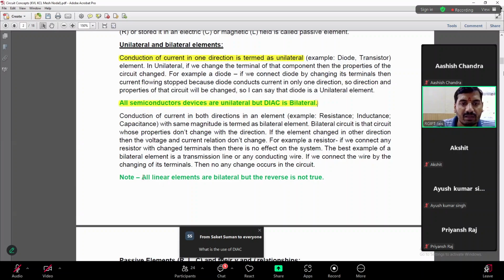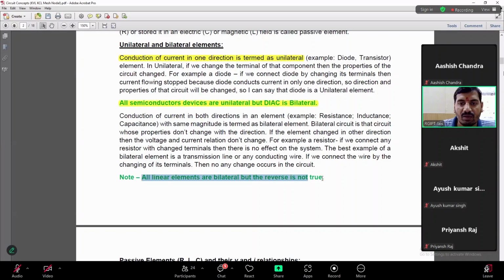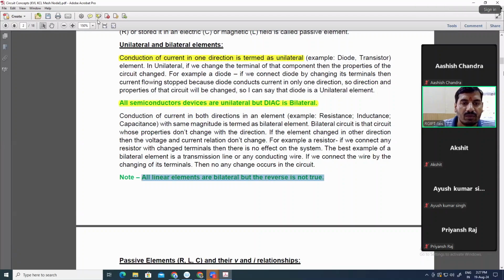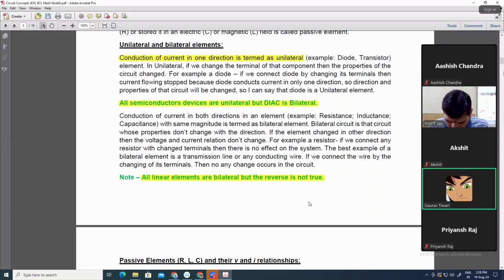All linear elements are bilateral, but the reverse is not true. All linear elements means elements whose VI graph is a straight line.